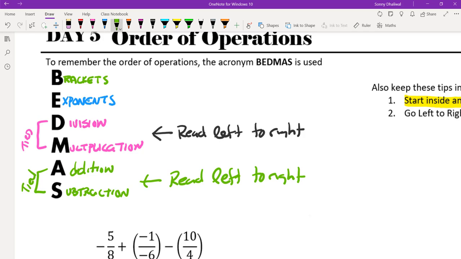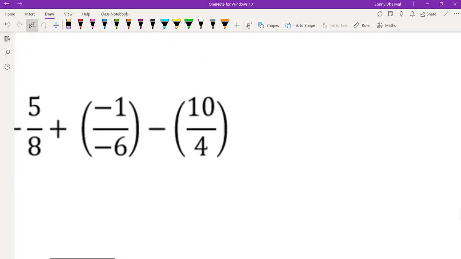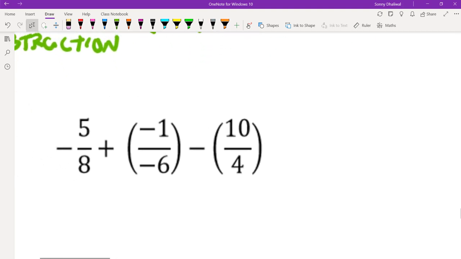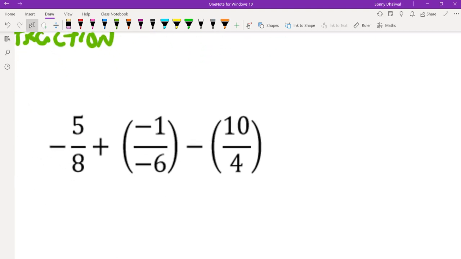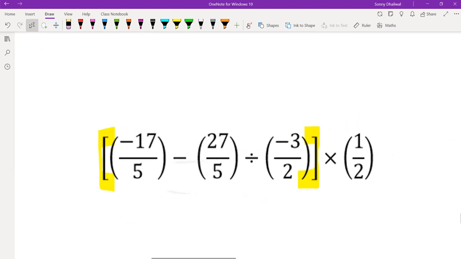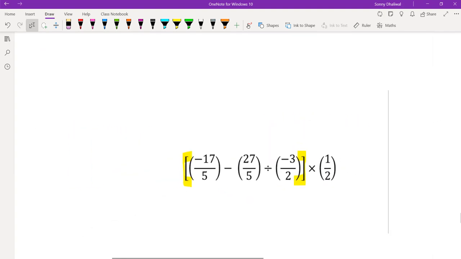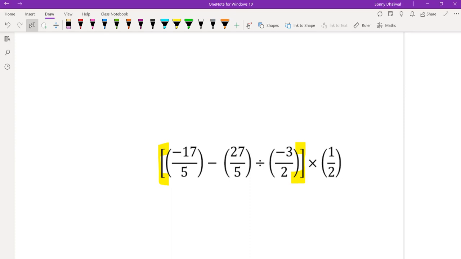So let's do, I'm going to skip the first one because there's no real BEDMAS going on here, just a lot of extra negatives. Let's start off with this one here. Now, we have brackets upon brackets here, so you need to see through all these lower brackets and look at the overall picture. These little round brackets are just around a single fraction, so they're not isolating any math operations.